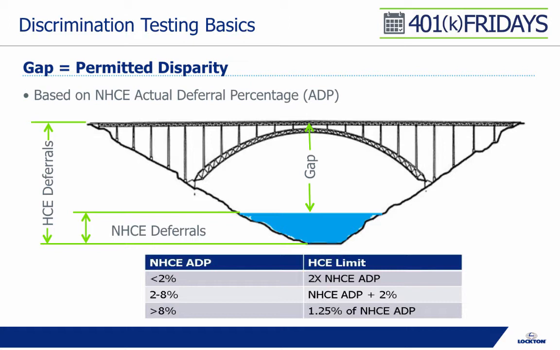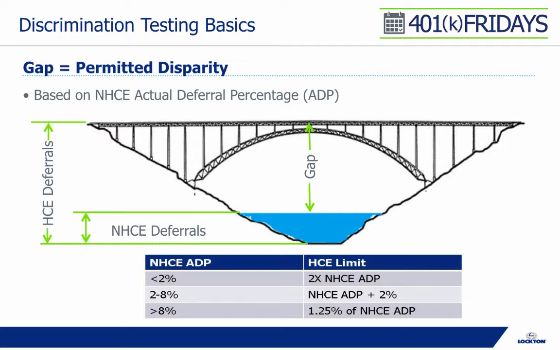The size of the gap is all going to depend upon the level of contribution of your non-highly compensated employees. As you can see from the chart below, there's 3 different ranges and 3 different highly compensated employee limits that correspond to that. So for most people, their range falls somewhere between 2 and 8%. And if that's the case for you, then you take your non-highly compensated employees' actual deferral percentage, or ADP, and you add 2% to that to determine what your highly compensated employee limit would be.